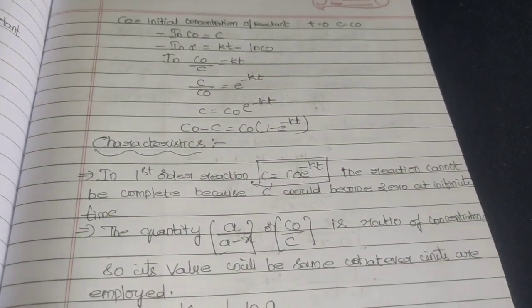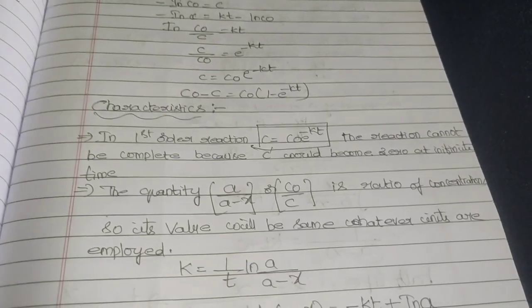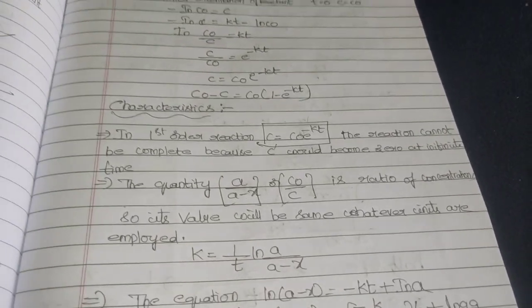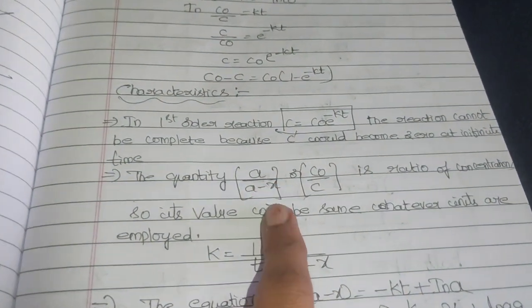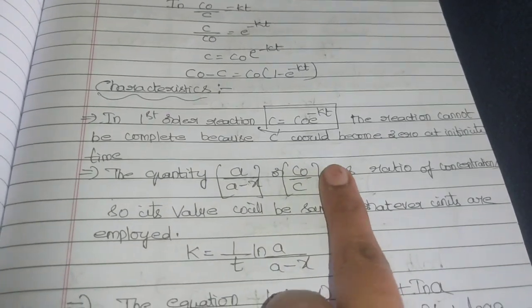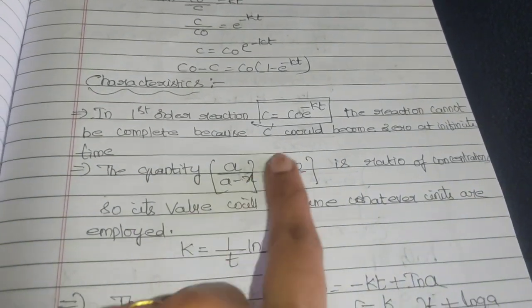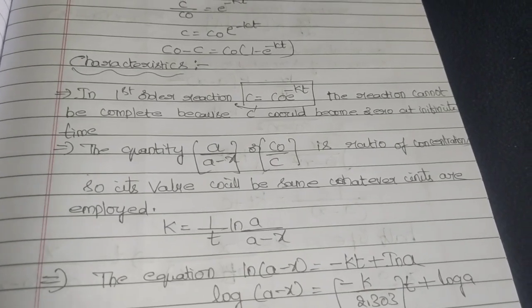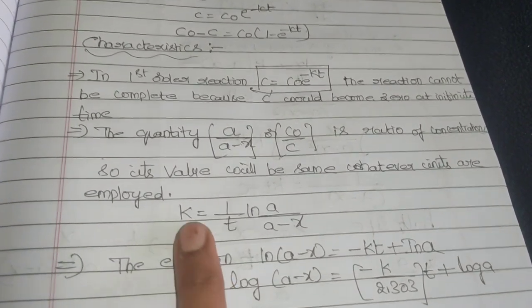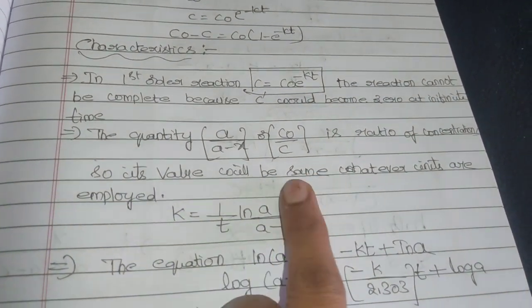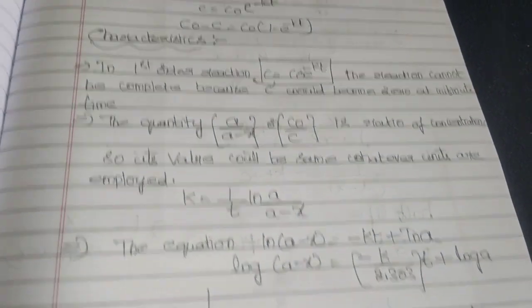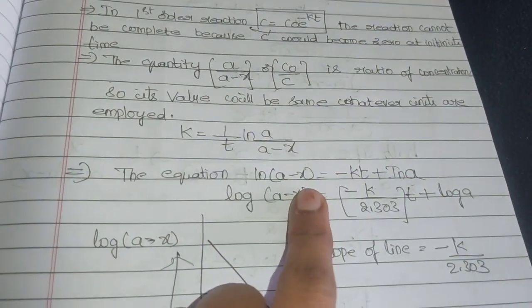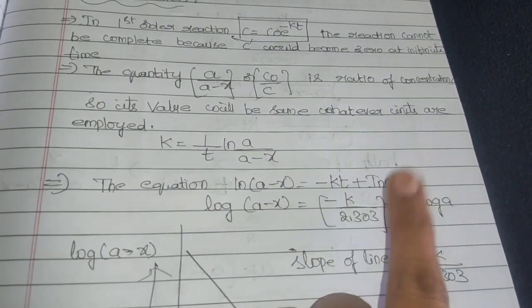The quantities A by A minus X, or C0 by C, are a ratio of concentrations, so the value is the same whatever units we use. So K is equal to 1 by t ln A by A minus X. The equation ln (A minus X) is equal to minus Kt plus ln A.